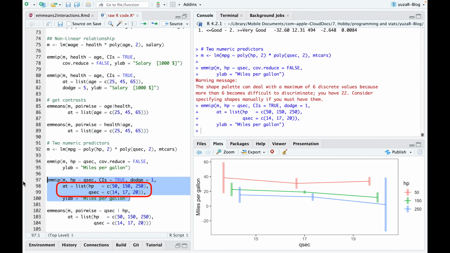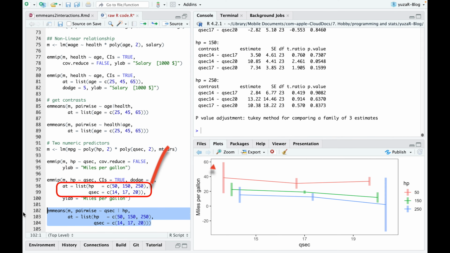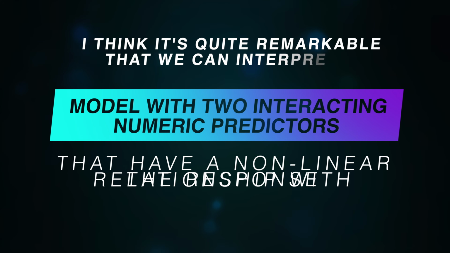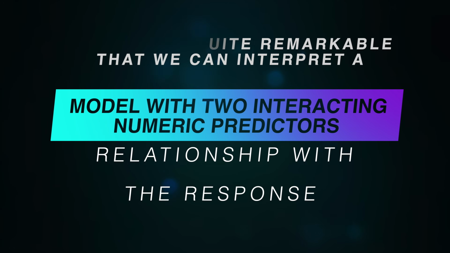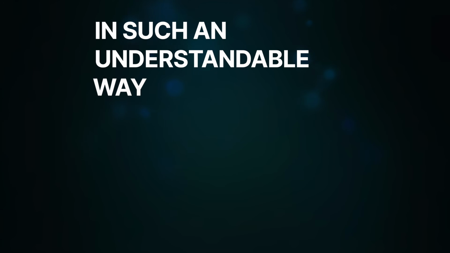From there, we can treat those specific values as categories and easily obtain estimated marginal means and the pairwise contrasts between them. I think it's quite remarkable that we can interpret a model with 2 interacting numeric predictors that have a nonlinear relationship with a response in such an understandable way.